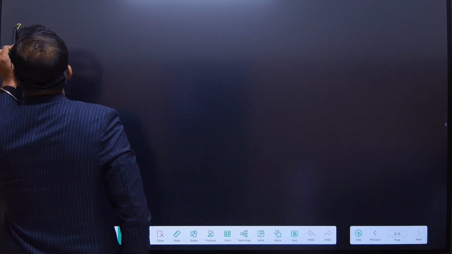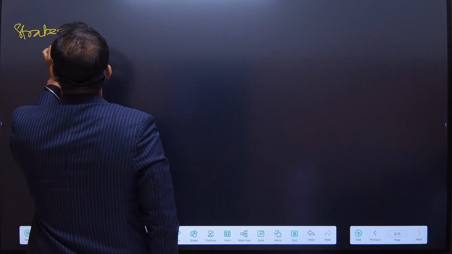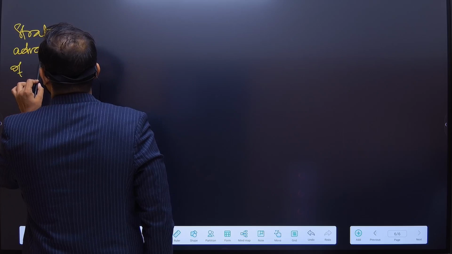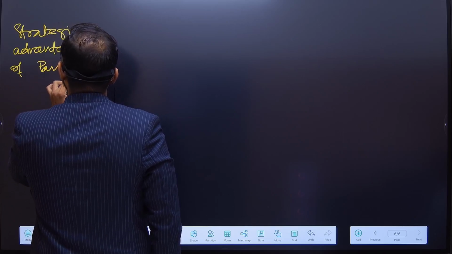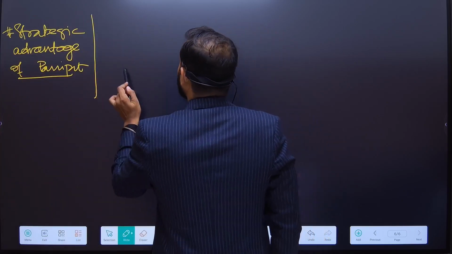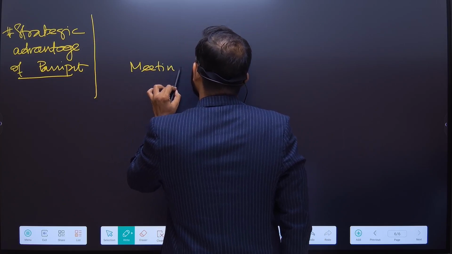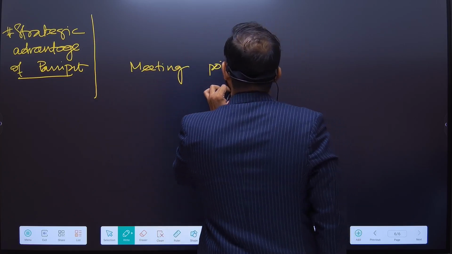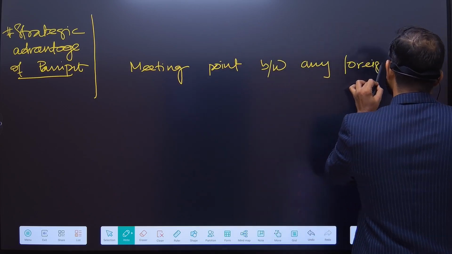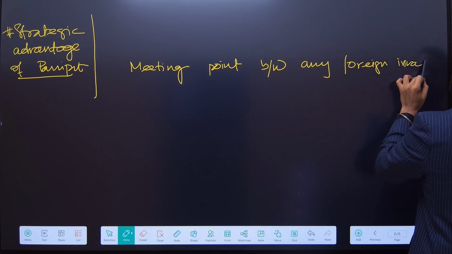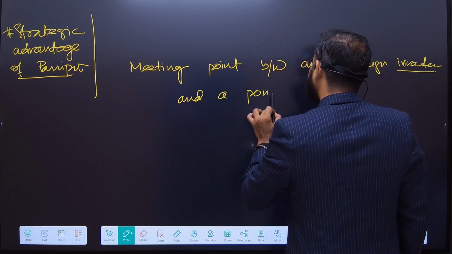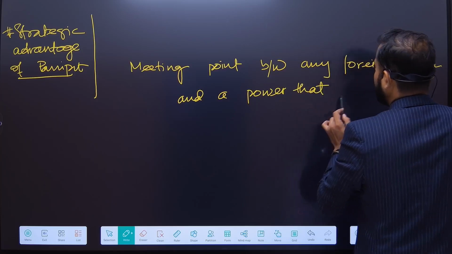Next is, meeting point between any foreign invader and a power that controlled Delhi.